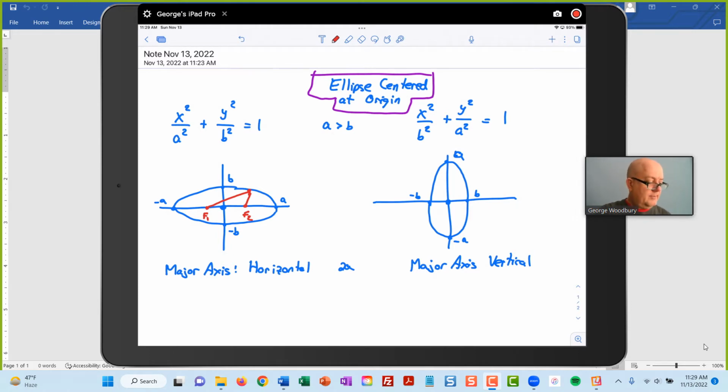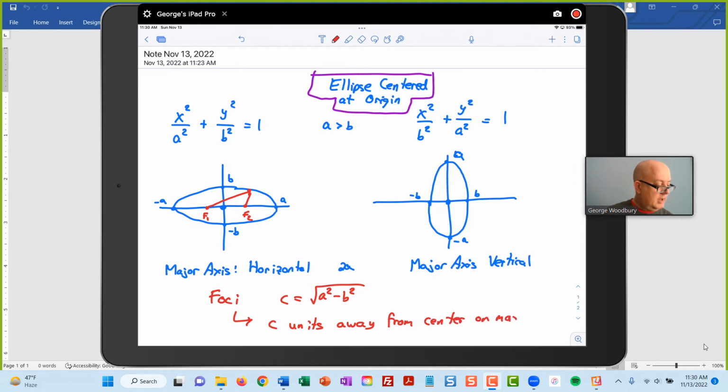The foci are c units away from the center on the major axis, where c is the square root of a squared minus b squared.